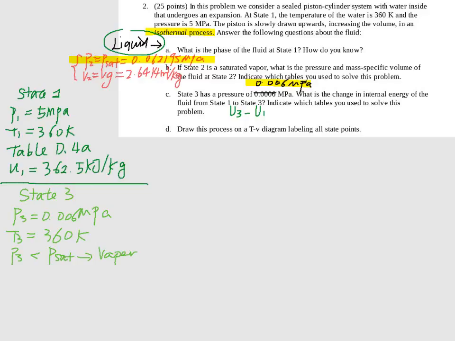And if you don't think that's convincing, you can also draw a PV diagram. So if we have P and V and our vapor dome, this is our PV diagram. This is the isotherm line, so this is T equals 360 K. And we're going to draw our saturation pressure here.